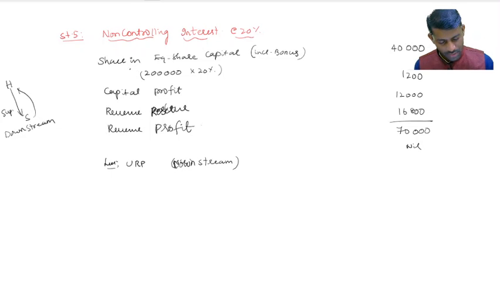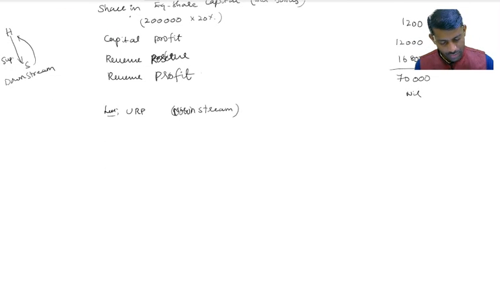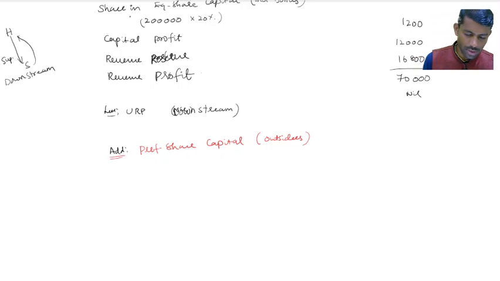Thereafter, my dear friends, the new adjustment is add preference share capital, that to whom? Outsiders.